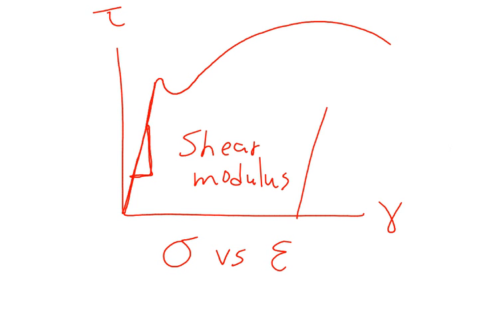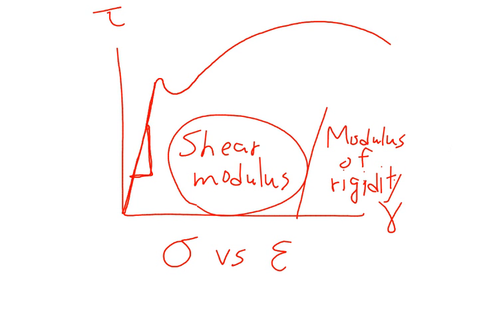This slope is what we call the shear modulus. Our book and a few other books refer to this as the modulus of rigidity. So, new symbol for you: uppercase G. Not a Greek letter. Uppercase G is your shear modulus.